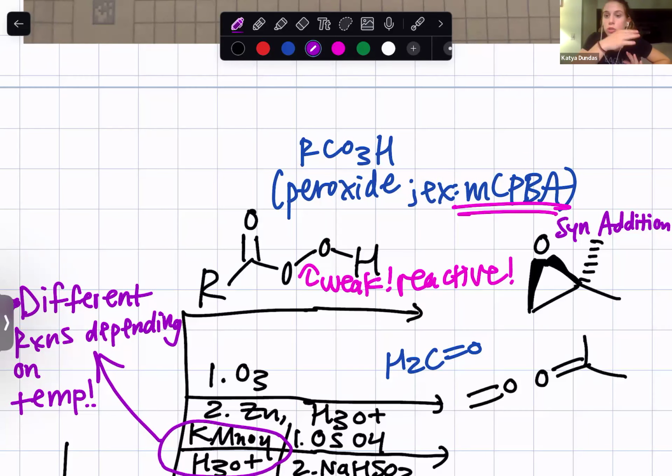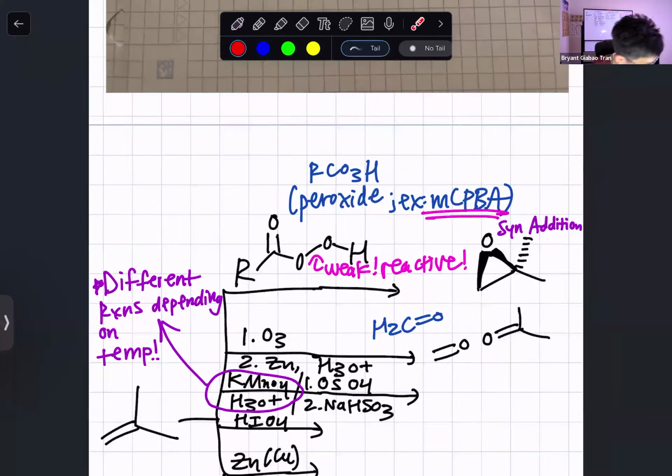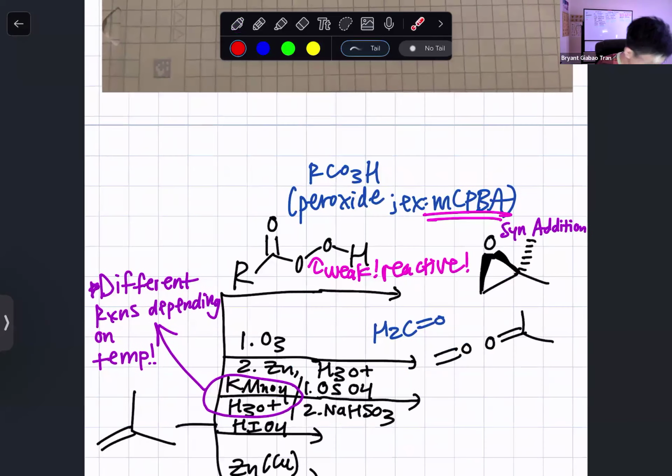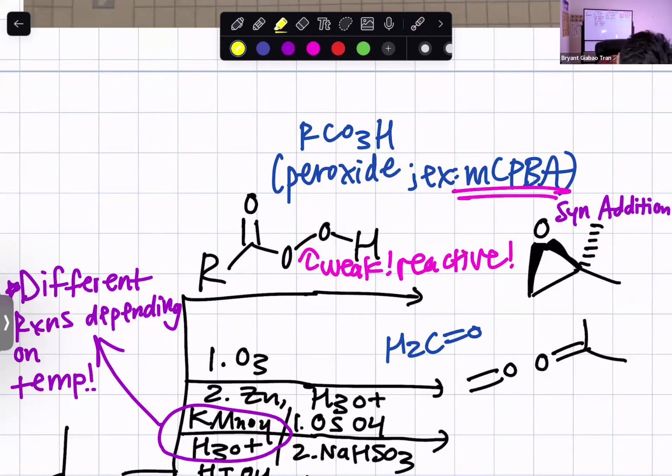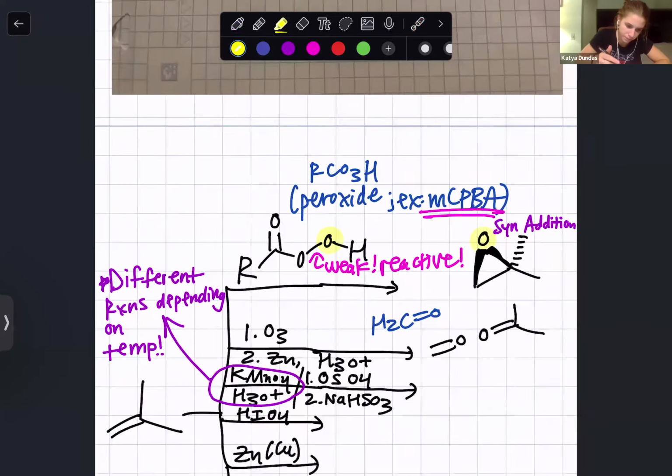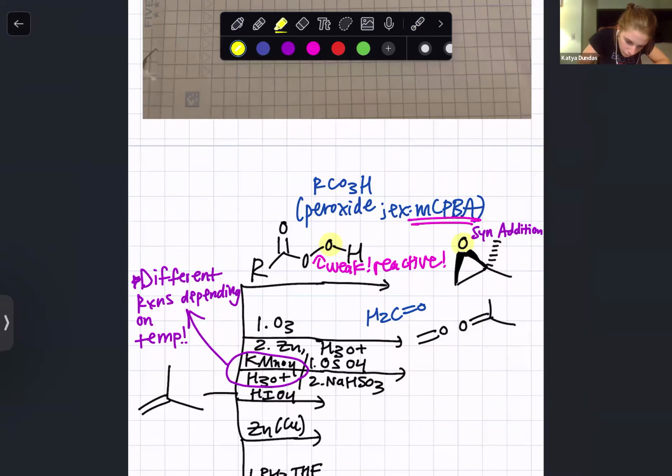So basically, the oxygen gets added across the double bond to the carbons on the same side. And the oxygen specifically that gets added is this oxygen right here. This oxygen I'm going to highlight in yellow is the oxygen of the epoxide. And the mechanism of this reaction is included in the notes that I sent you through email. If you review those with the arrows, then you see all the arrow pushing mechanisms there.